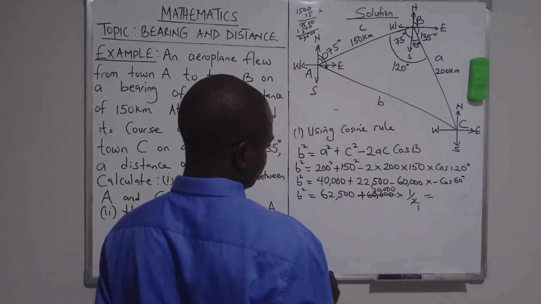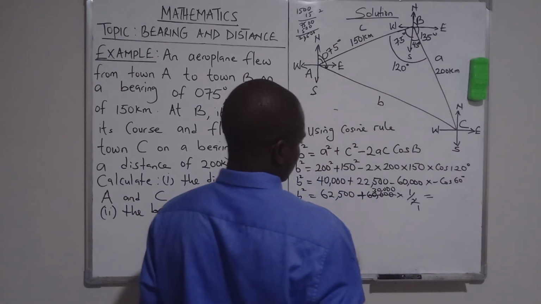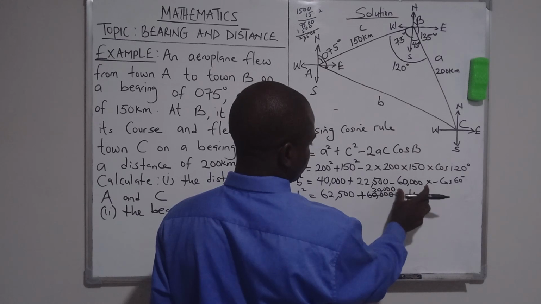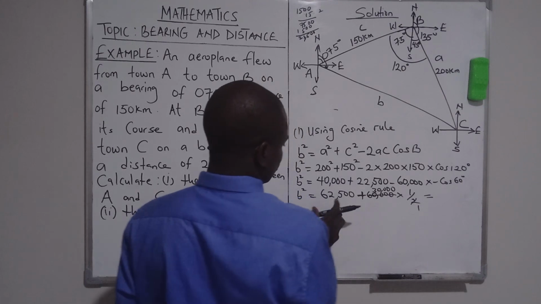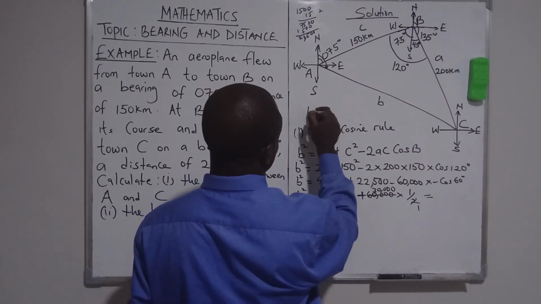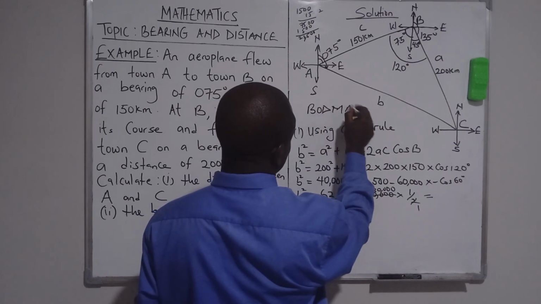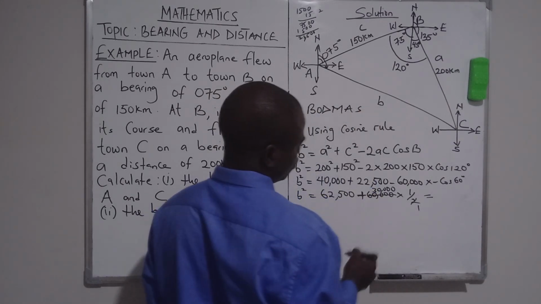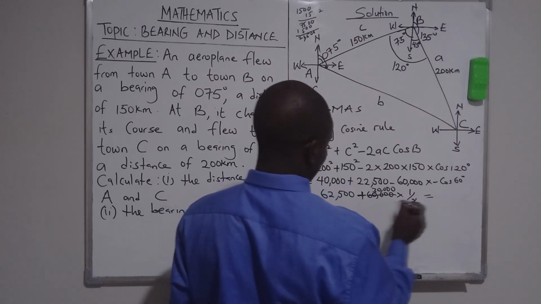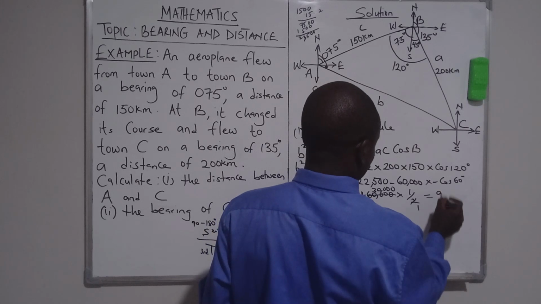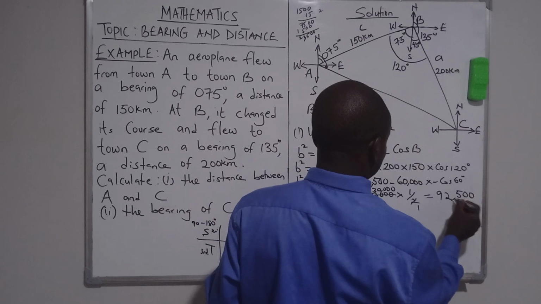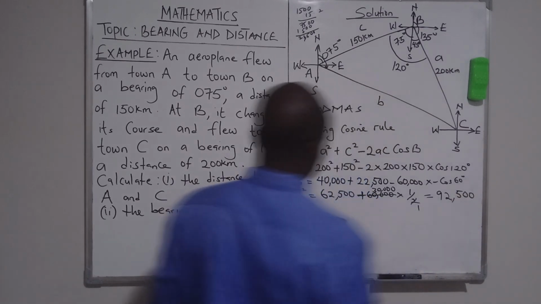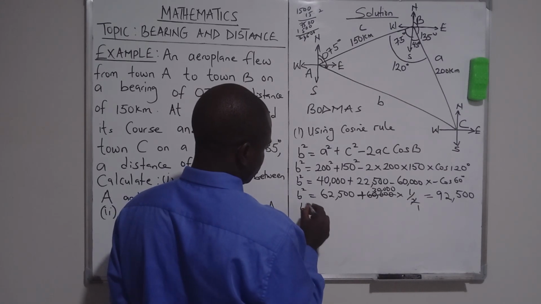We add it together. We need to do multiplication before addition, in mathematics. When you add it now, you have 92,500. So b squared is 92,500. Find the square root of both sides.